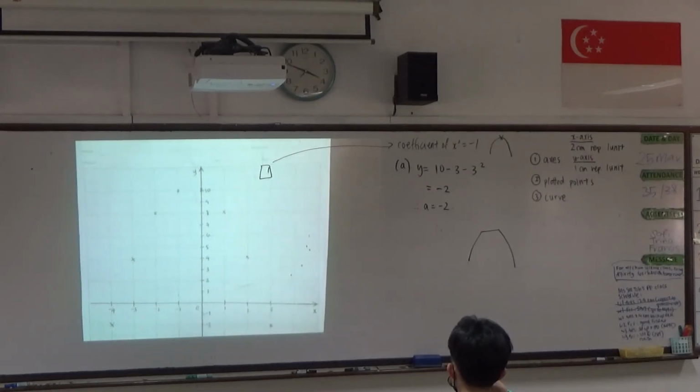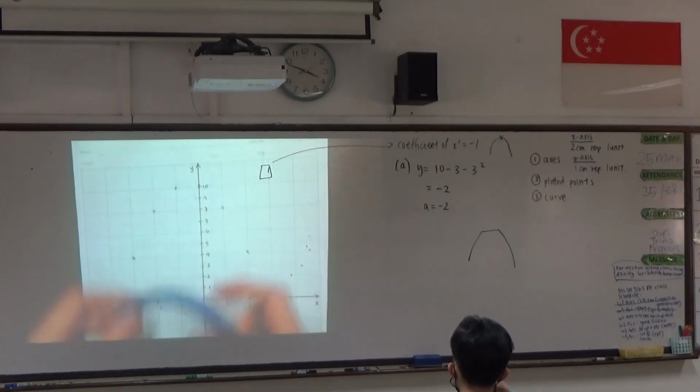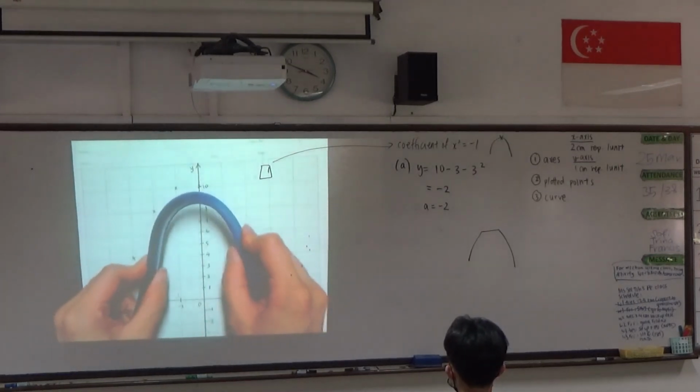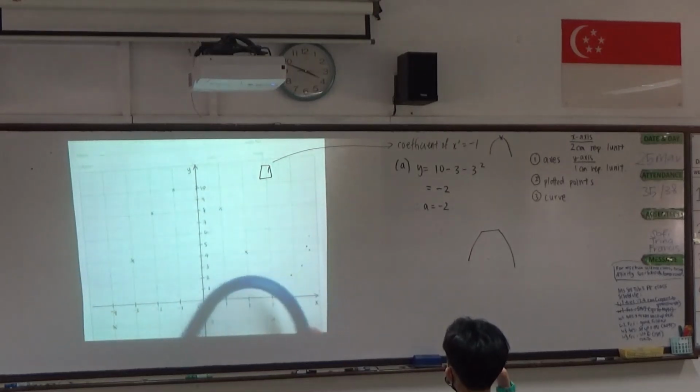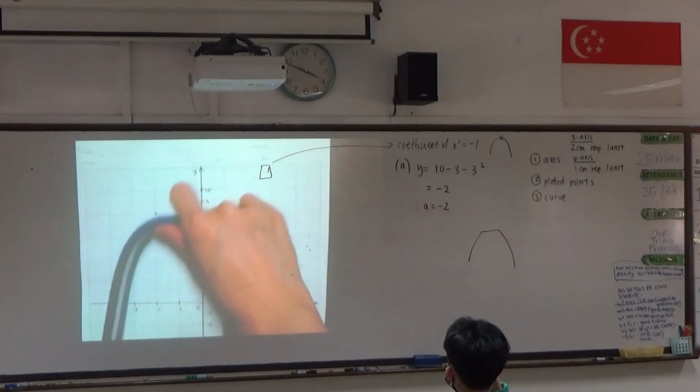Now coming to using the ruler, your flexible curve. We usually try to form the shape first. You do not try to connect every single cross.